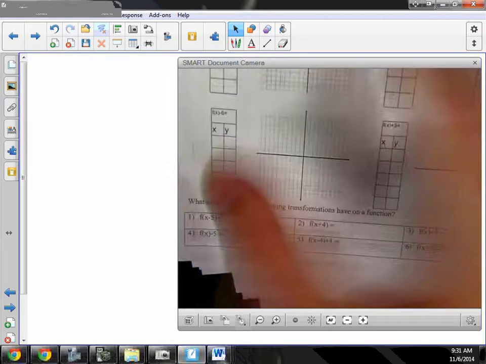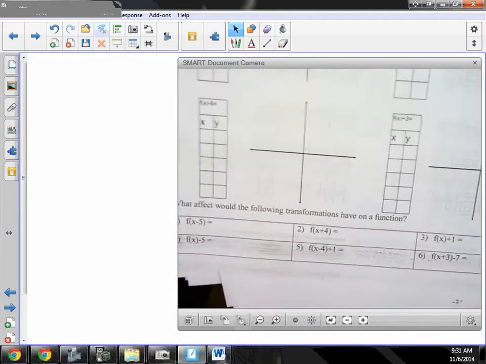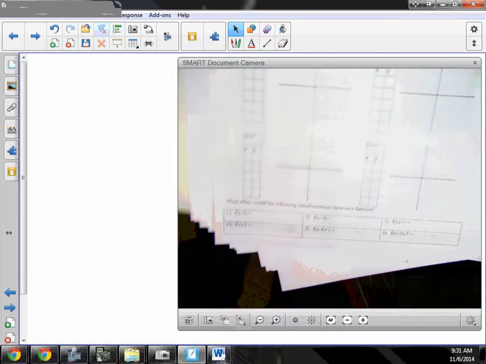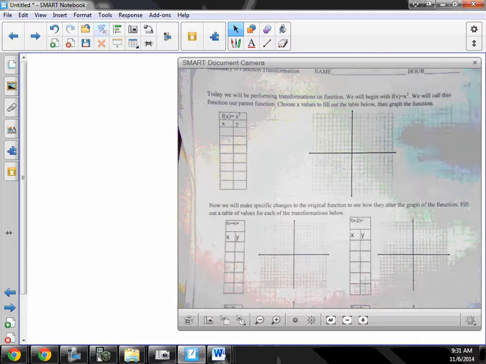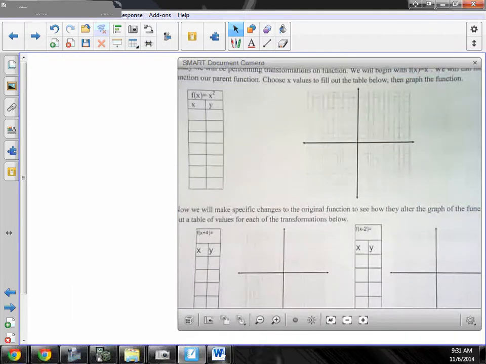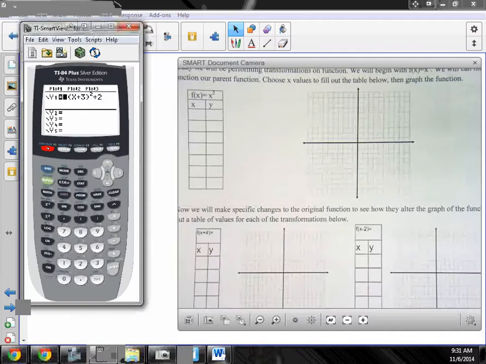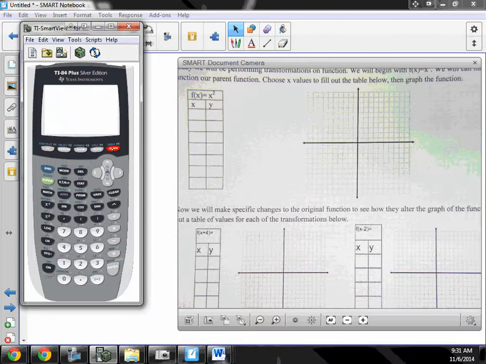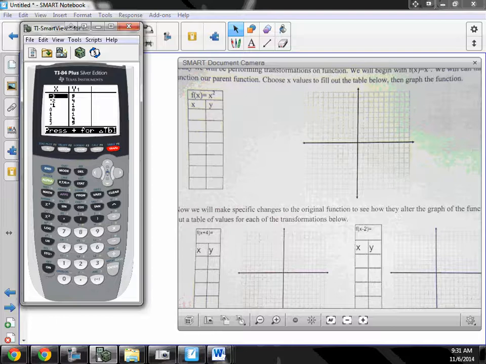But if you look at the top of this page, we have the parent function x squared. So I'm going to graph x squared, and then I'm going to go to the table. And we know what a parabola, or a quadratic, looks like. It has the shape of a parabola.